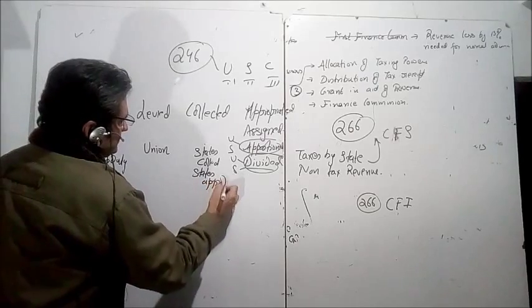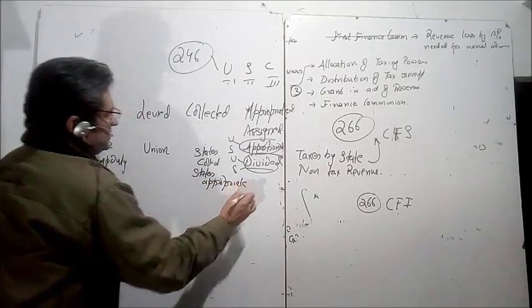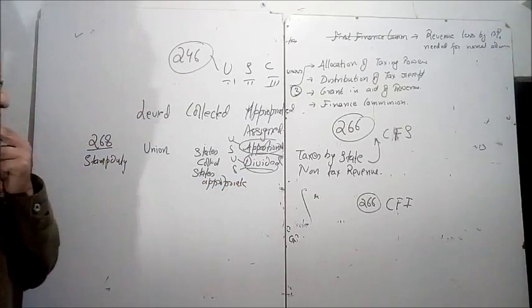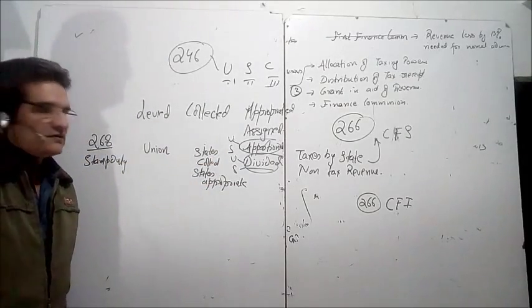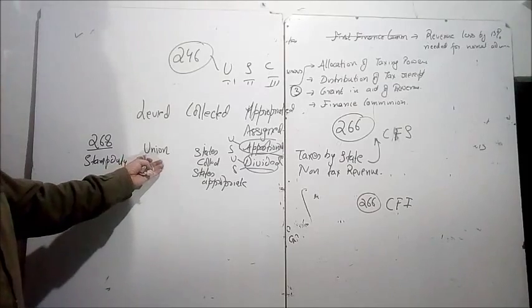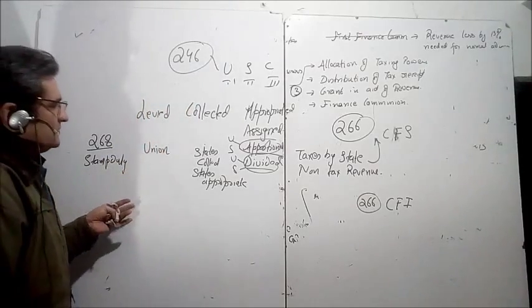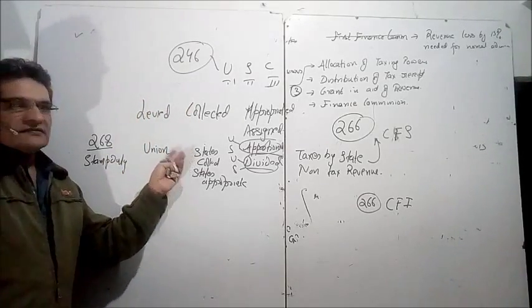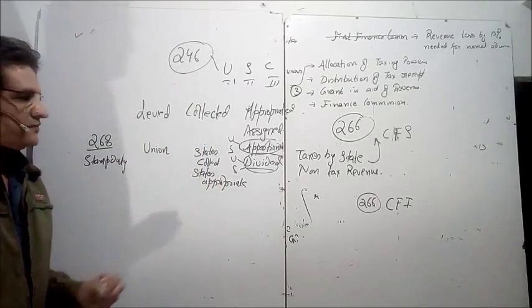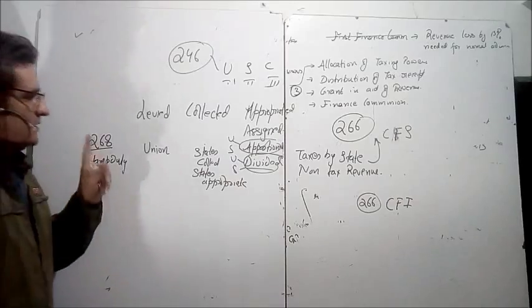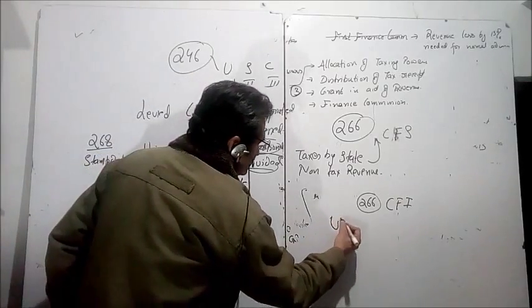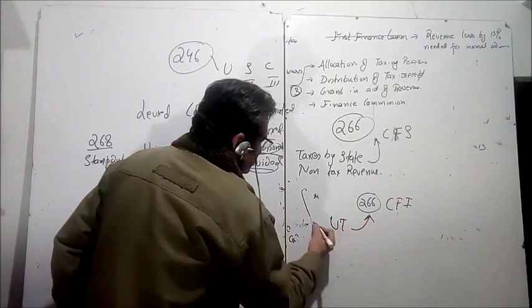So it doesn't come to the Consolidated Fund of India. States collect it in their respective jurisdiction, states appropriate it. Why union levies it? It is more for the sake of uniformity, and the collection is left to the states. Appropriation is also done by the states. Only the amount which pertains to union territory, that comes to the Consolidated Fund of India.